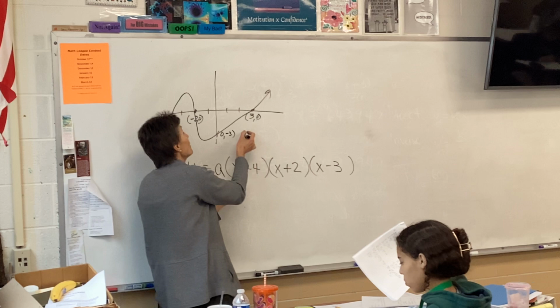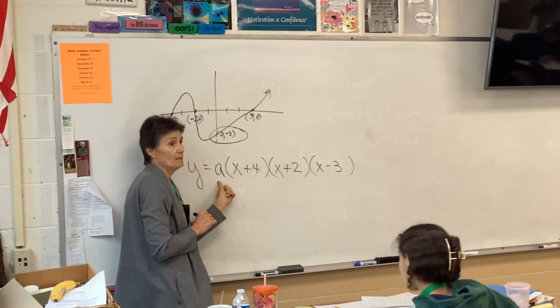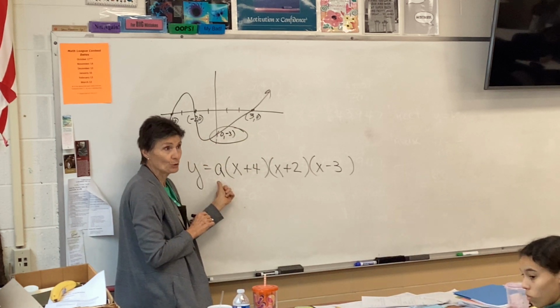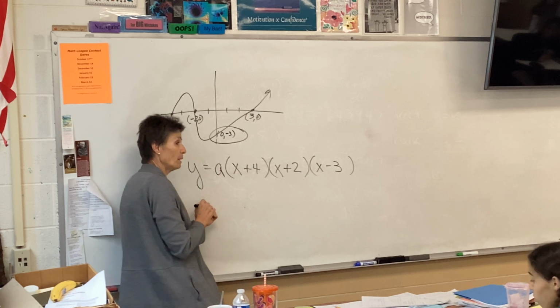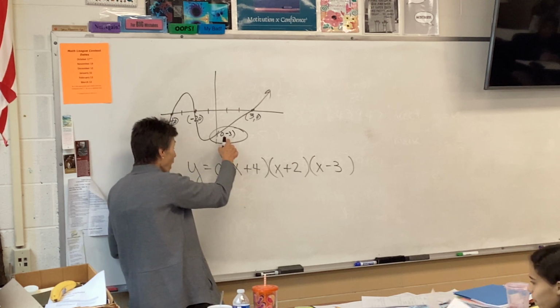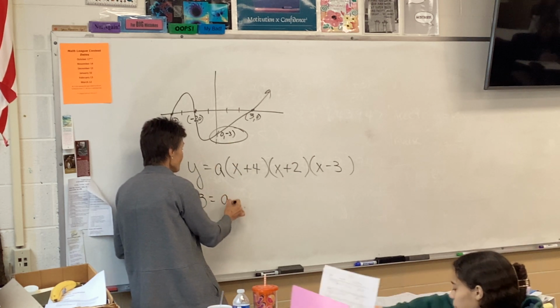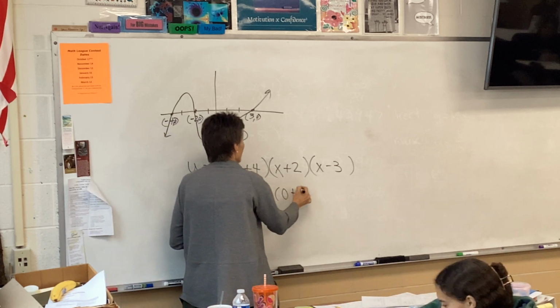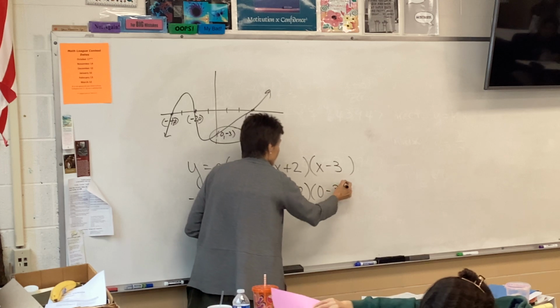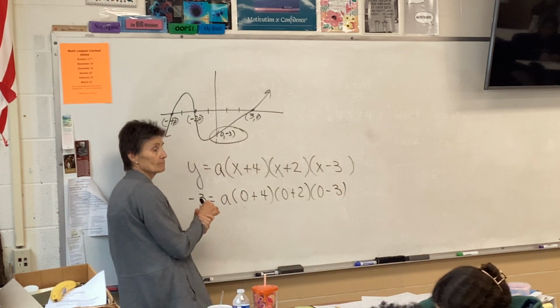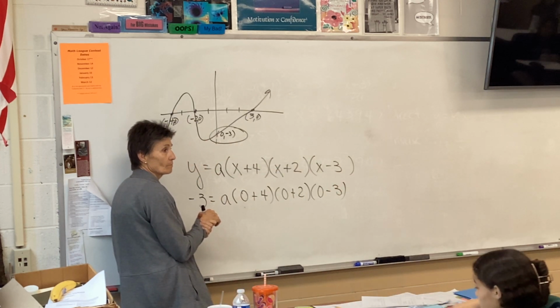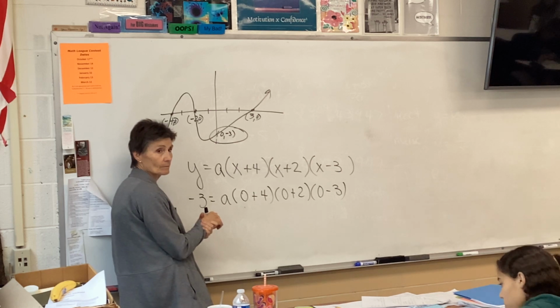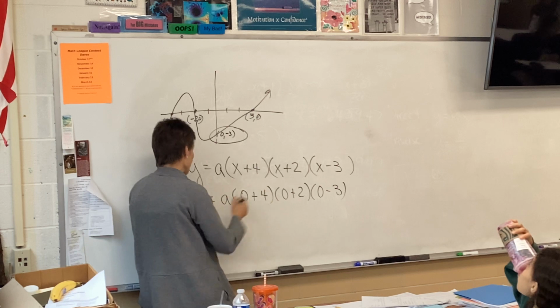So I take the other point, the one I didn't use, and I plug in the y value for y and the x value for all of the x's. And I start figuring this out.